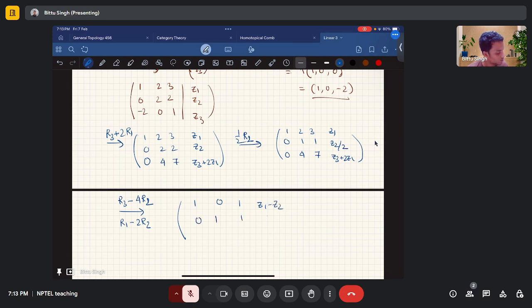These remain the same, Z2 by 2. 4 minus 4 is 0, 7 minus 4 is 3, and this becomes Z3 plus 2Z1 minus 4 times this, which is 2Z2, so minus 2Z2.